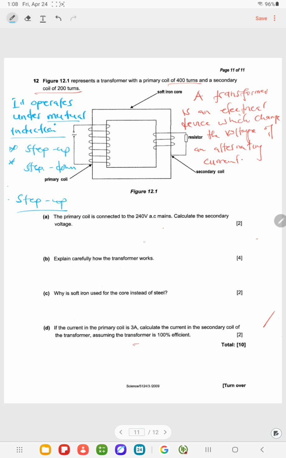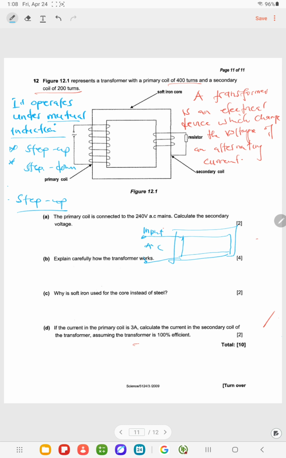So let's look at this picture. If this is our transformer, then we want to show that this transformer is a step up transformer. This part is called the input, which uses AC.